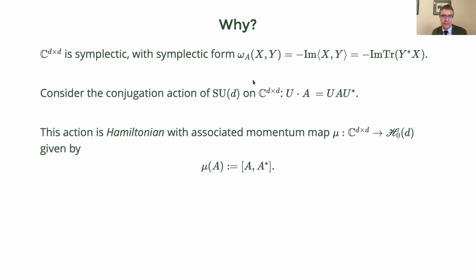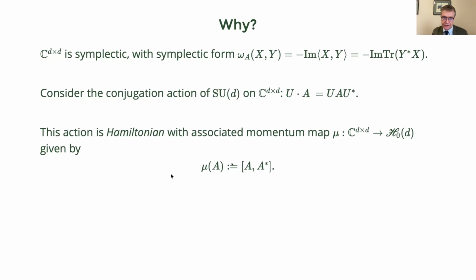And what that means in practice is that I get some associated map formally from the symplectic manifold to the dual of the Lie algebra of the group. But in this case, I can just think of the dual of the Lie algebra as the traceless Hermitian matrices, D by D.